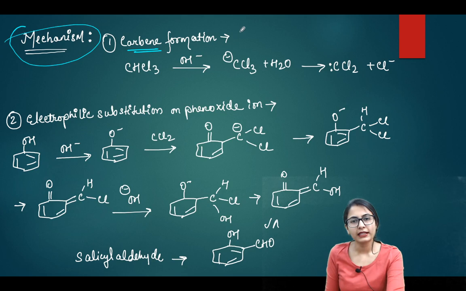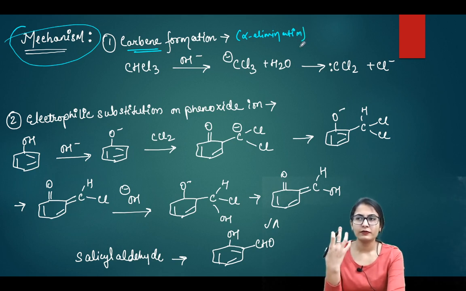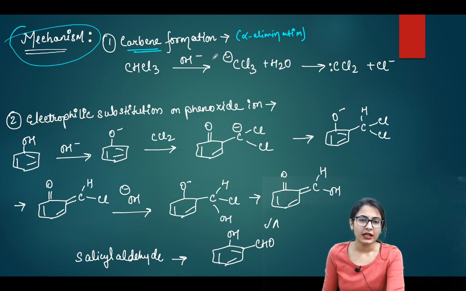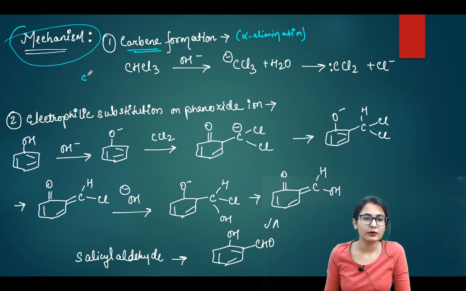Let's see. The mechanism is alpha elimination. Yes, alpha elimination is the elimination of the electrophilic as well as nucleophilic group from the same carbon. So if we are talking about chloroform, here it is CH, Cl, Cl and Cl.